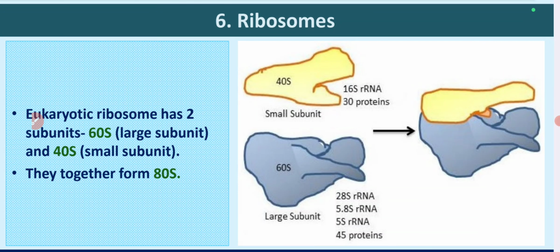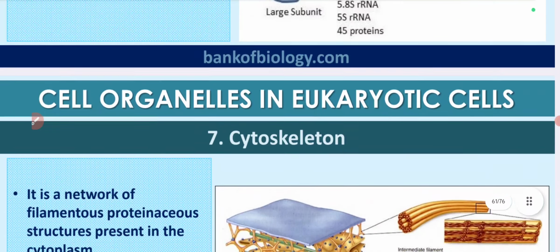They together form 80S. The smaller subunit is made up of 18S rRNA and 33 proteins, while the large subunit is made up of 28S rRNA, 5.8S rRNA, 5S rRNA and 49 proteins. Objective questions will be asked from these points.